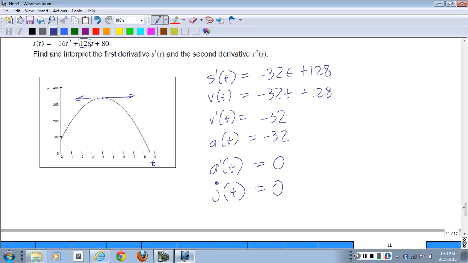Position function, velocity function, acceleration function, and then the derivative of the acceleration, the rate at which the acceleration is changing. Basically, instead of exerting a constant net force, it's a force that's maybe increasing. It's called the jerk. It really is.